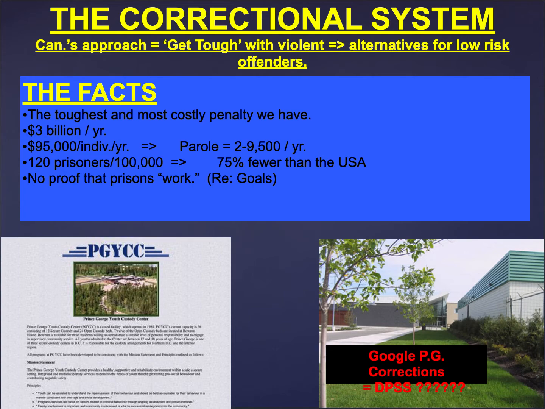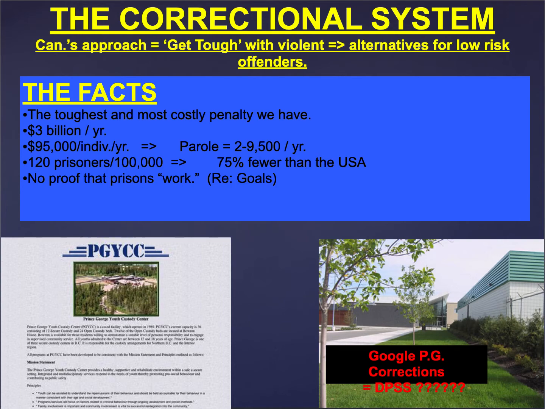The correctional system in Canada costs at least $3 billion a year. To keep one individual in jail, like the Prince George Youth Correctional Services, it is $95,000 a year, while having someone on parole can be anywhere between $2,000 and $9,000 a year.